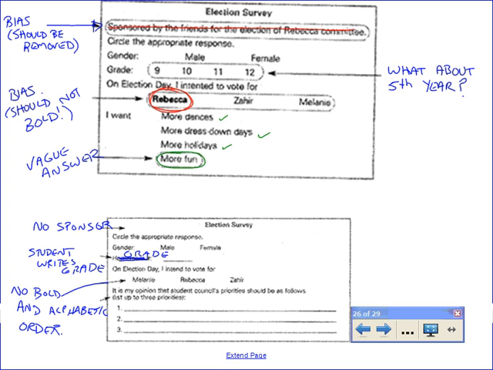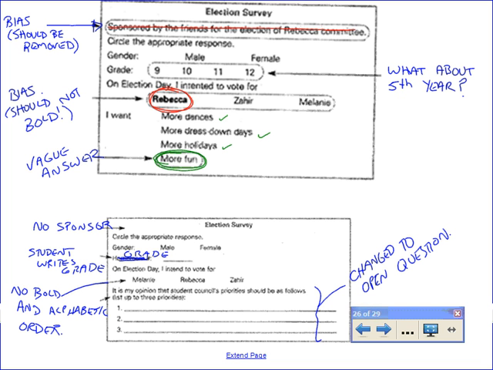Now, the example the book gave, they switched it to an open question. I really don't think it's necessary to go to an open question. What I'd like to see, though, is more options, and let's not state the obvious, because as we said before, everyone wants to have more fun, so there's no sense putting that in there.